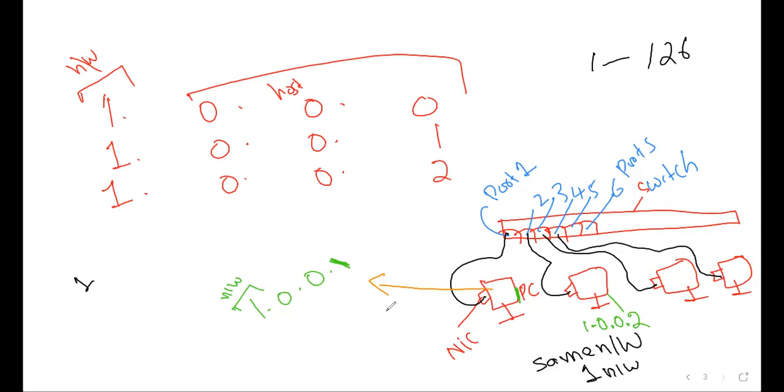So what is the difference between these two? The 1 in the network portion of PC1 and the 1 here in PC2 are the same, so they can communicate with each other. And to address a different system, I have given 001, 002, but it is not mandatory that you give it this way. I can give here 1.1.1.1, where I made changes in the second, third, and fourth octets. I have given different numbers than the previously given number, but the network portion I have given the same 1, because they are addressing the same network.